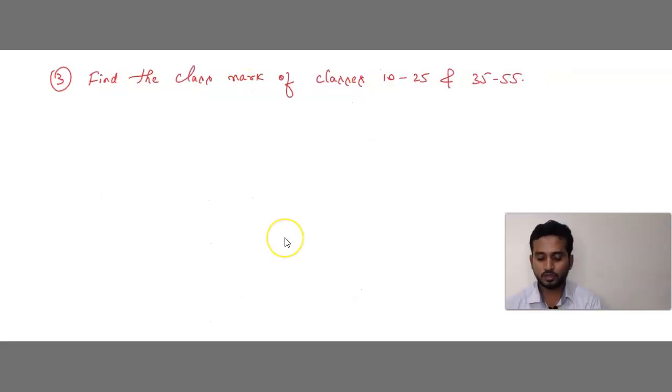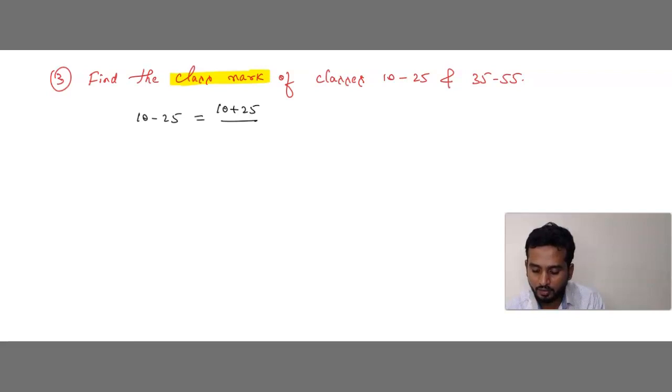Good. See children, if the question comes like this, find the class mark of classes 10 to 25 and 35 to 55. He is asking us to find the class mark. See here, 10 to 25, if you want to find the class mark, simple, add 10 and 25 and divide by 2. 10 plus 25, 35 by 2, it is 17.5.